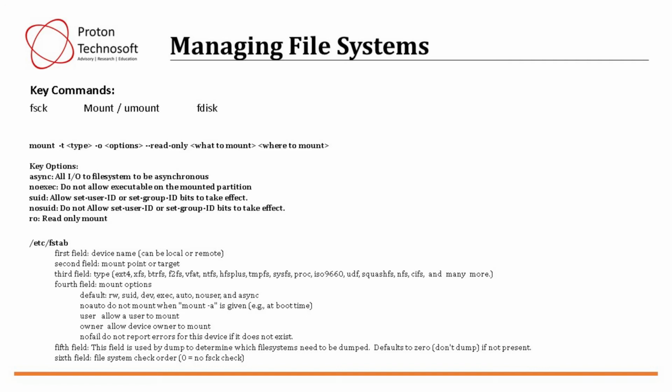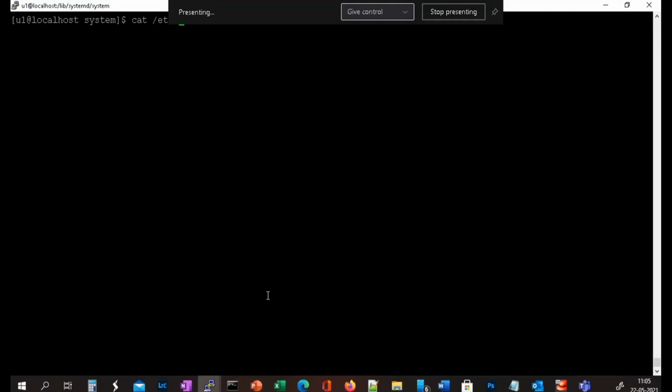What happens when we start our Linux operating system is that it automatically mounts these file systems onto the Linux environment. Now, what order it has to mount in and with what configuration it has to mount, that goes into the /etc/fstab file. The structure of this file is six fields.